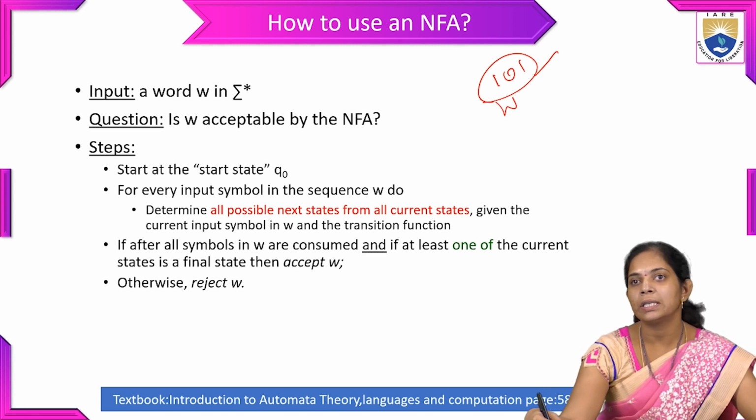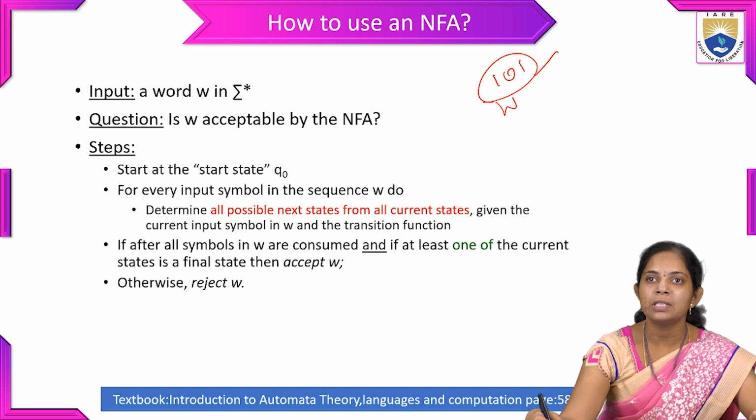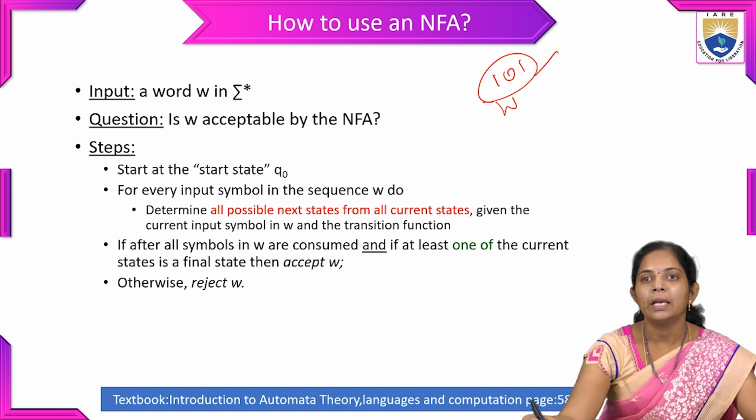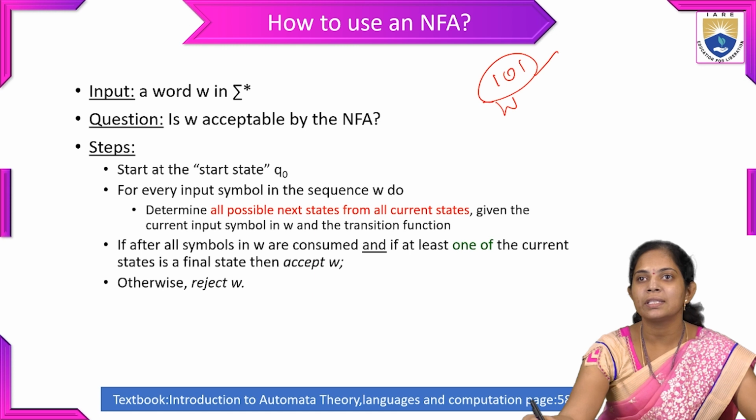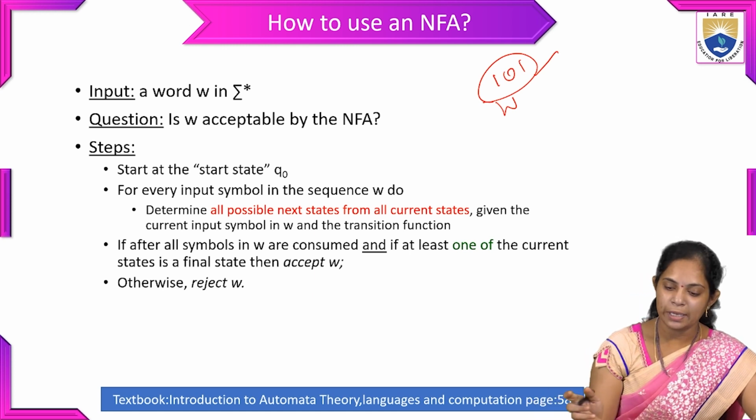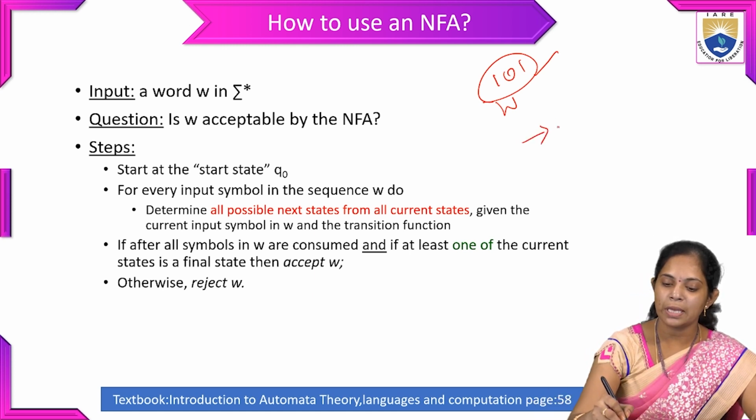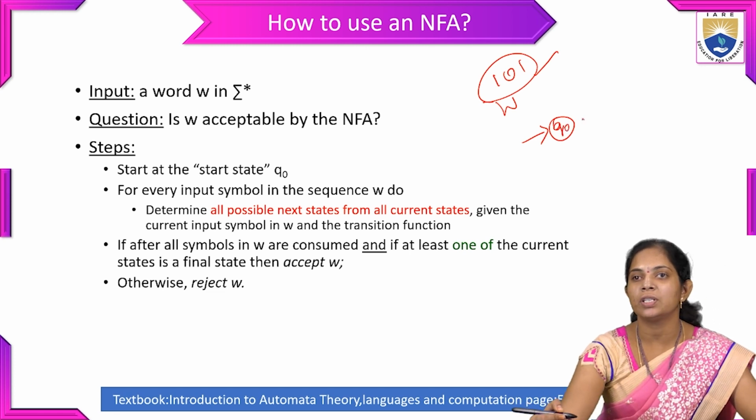For acceptability, the first step is to start at the start state. As usual for NFA or DFA, we start with the start state, Q naught, marked with an arrow, and we take Q naught as the initial state.